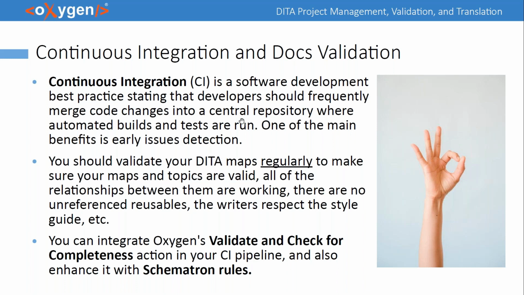Continuous integration, or CI in short, is a best practice in software development, which says that developers should commit or push their changes frequently to the central repository, where there are automated builds and automated tests which are run. And one of the main benefits of using continuous integration is early issue detection.